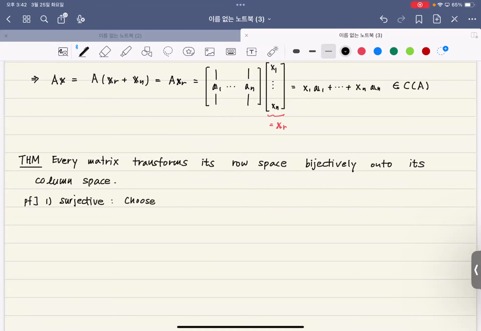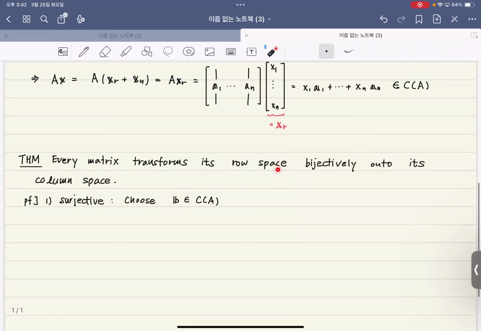In order to show that the function is a surjection, I need to choose any vector b from its column space, and I should be able to show that this vector is the image of some vector from the row space. Okay, how can I show this?